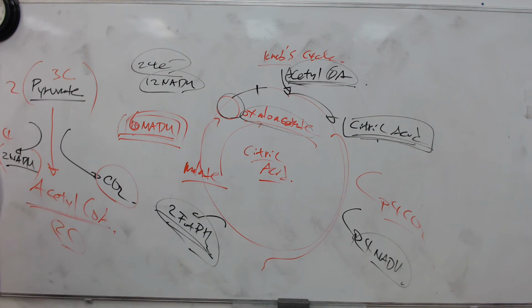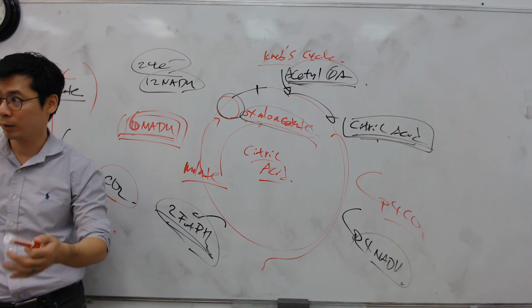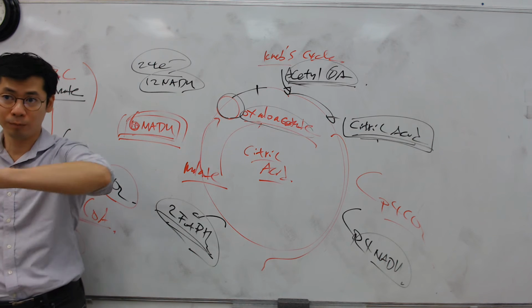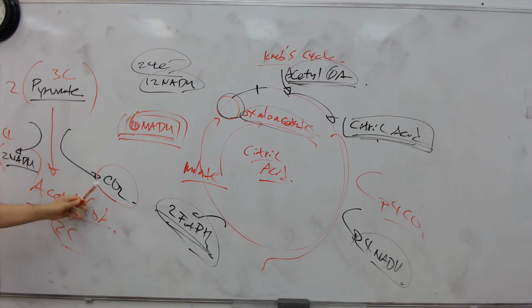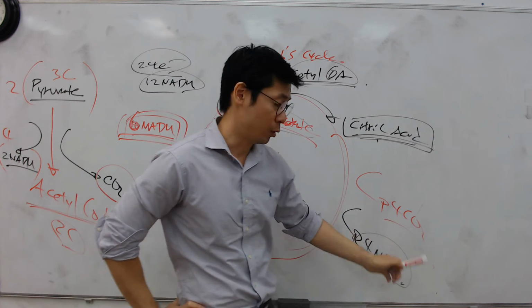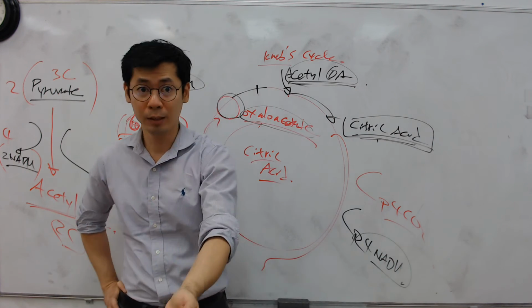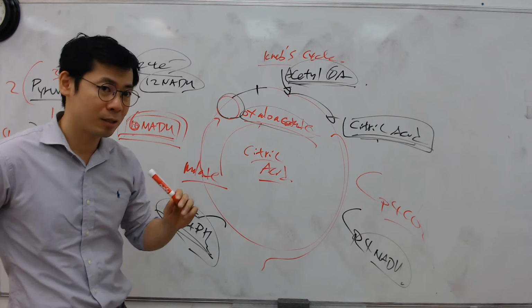Ask yourself, you're breathing out CO2, right? If you run for a long time, or even right now, you breathe out carbon dioxide. Our cells produce CO2. Where does it come from?